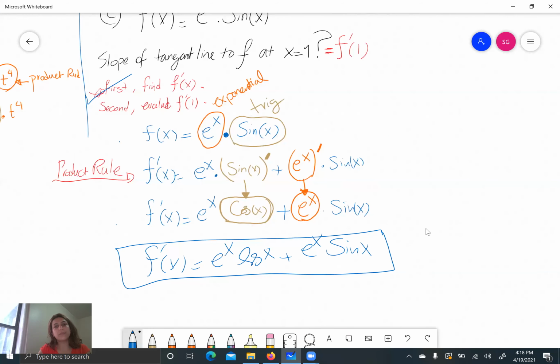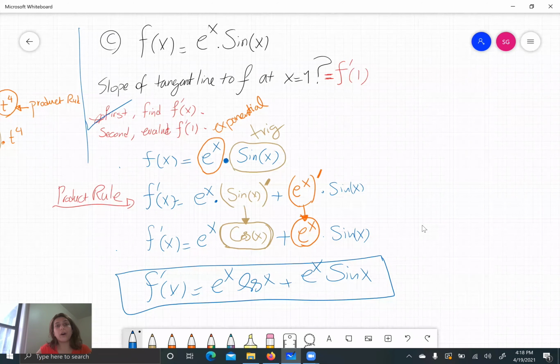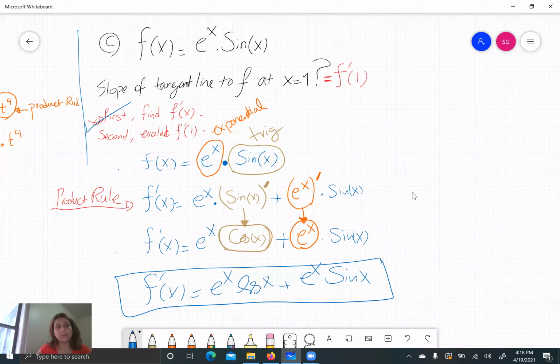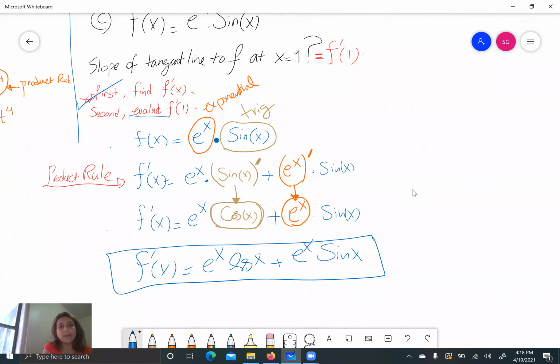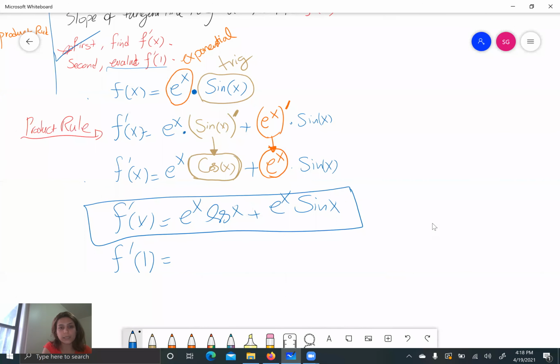The first step was we need to find the derivative of this function. Now, the second step says evaluate that derivative at value 1. So that means substitute 1 into this equation. So it's going to be e to the 1 times cosine of 1 plus e to the 1 times sine of 1.